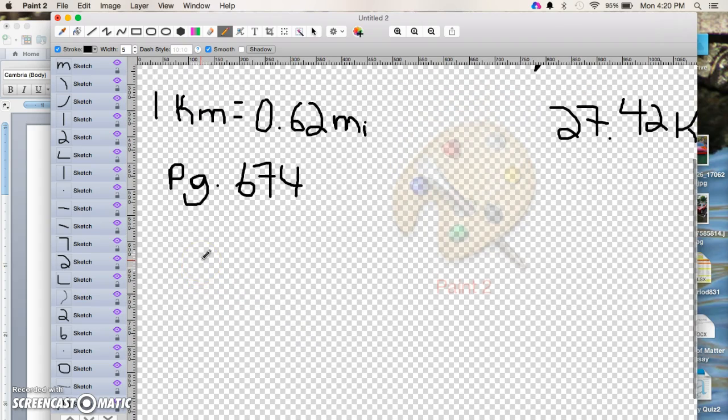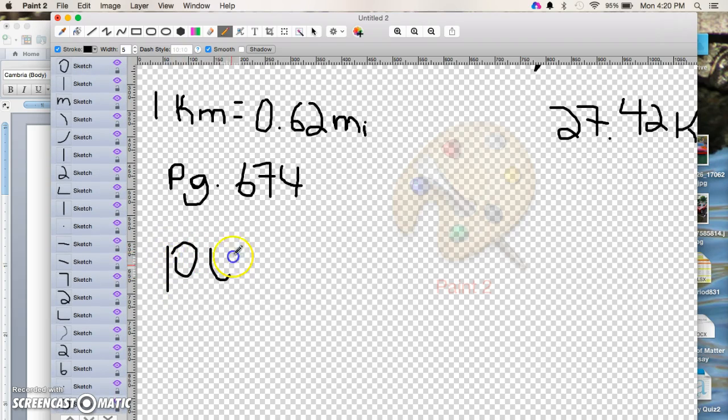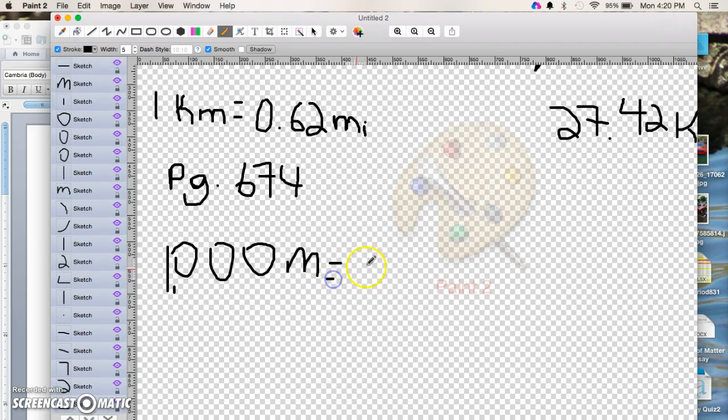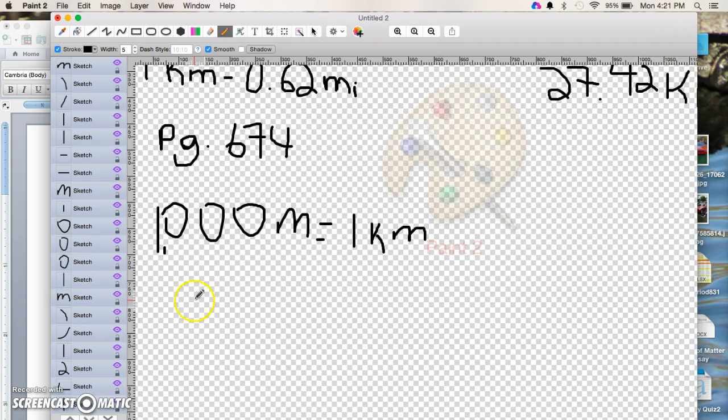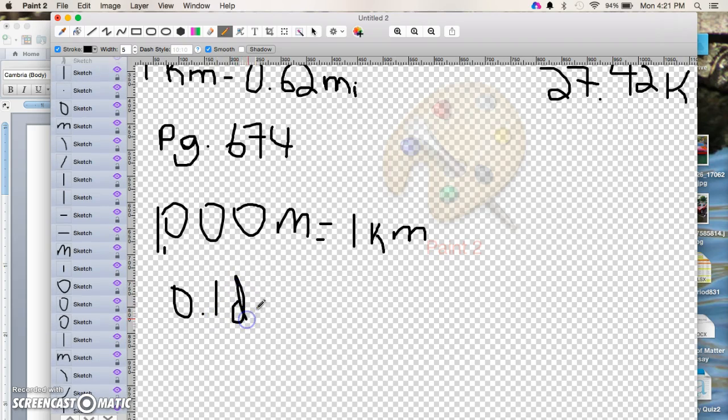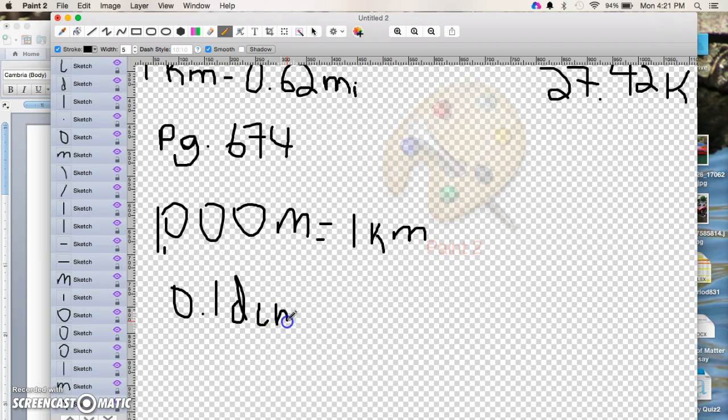If you'll recall, there are 1,000 meters in 1 kilometer, and there are 0.1 decimeters, DCMs, in 1 meter.